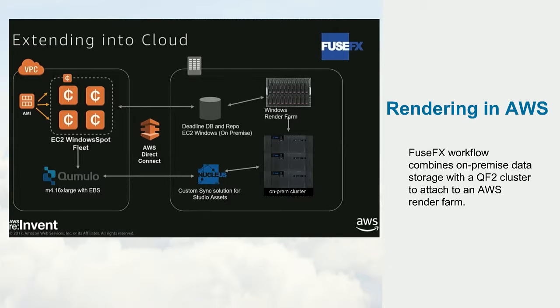So in this particular case, they were able to take data that was on their on-prem cluster and use their Nucleus asset manager to make sure that the Qumulo storage that you see on the left there that's running inside of AWS was ready and populated with the files that they needed, so that when they needed to spin up a lot of compute nodes, and you can see those, they happen to use spot instances within AWS, but any type of compute would work. That's their particular workflow.